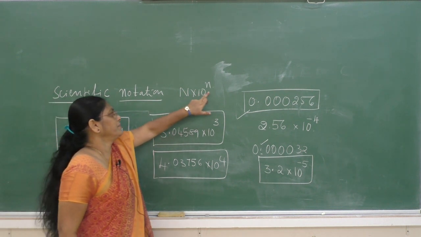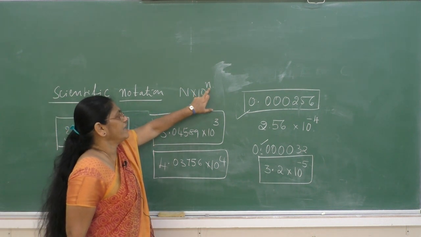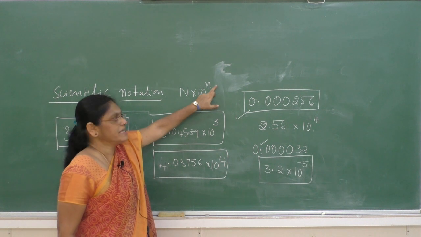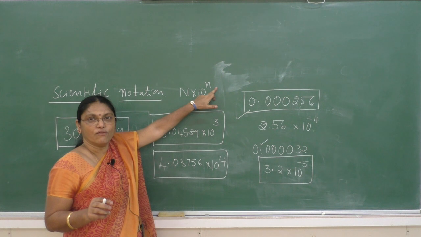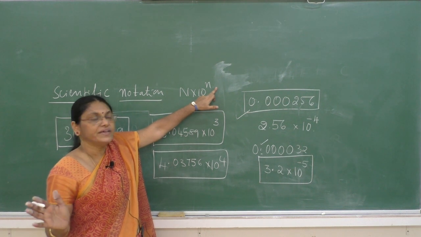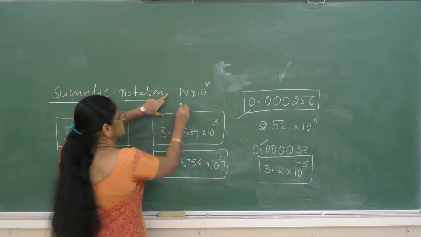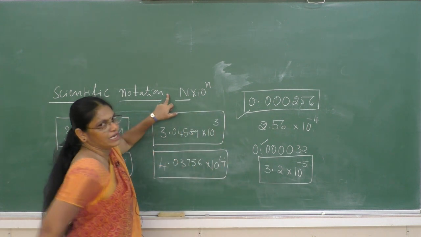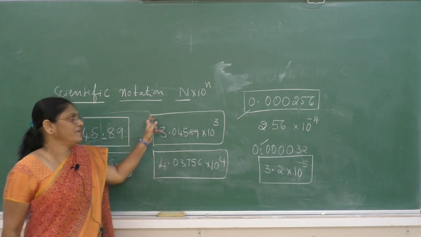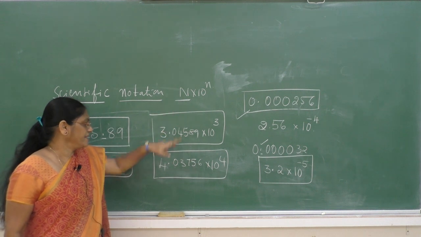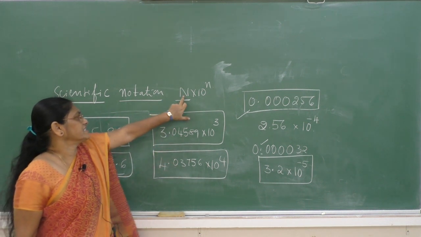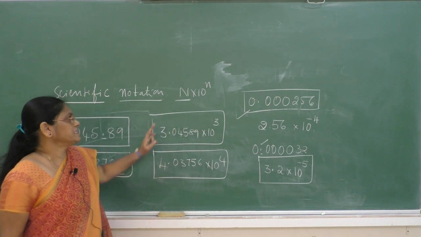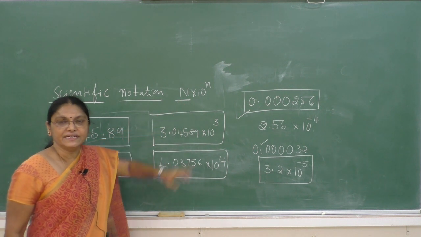Where n is known as the exponent, having positive or negative values. Then this capital N value is a number that varies between 1 and 10.